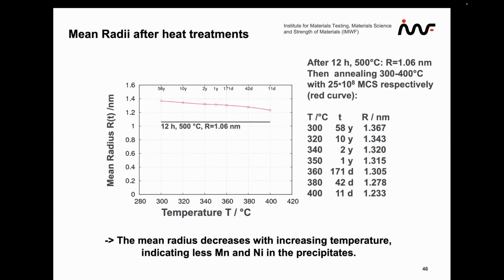And what we need to understand the strengthening of these alloys is, of course, mainly the mean radius of the precipitates, because this is something which is strongly determining, among other factors, the strength of the material.